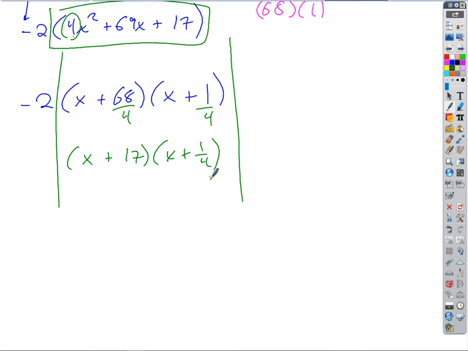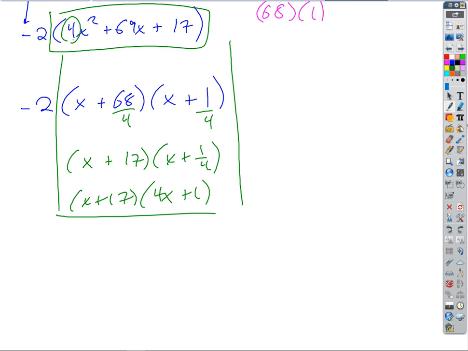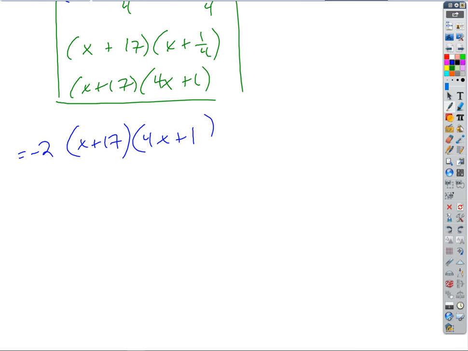So what does all that stuff become? I get x plus 17 times 4x plus 1. So what is this actually equal to? This whole thing is equal to my negative 2 out front, and then these factors. Okay, that's fully factored for me.